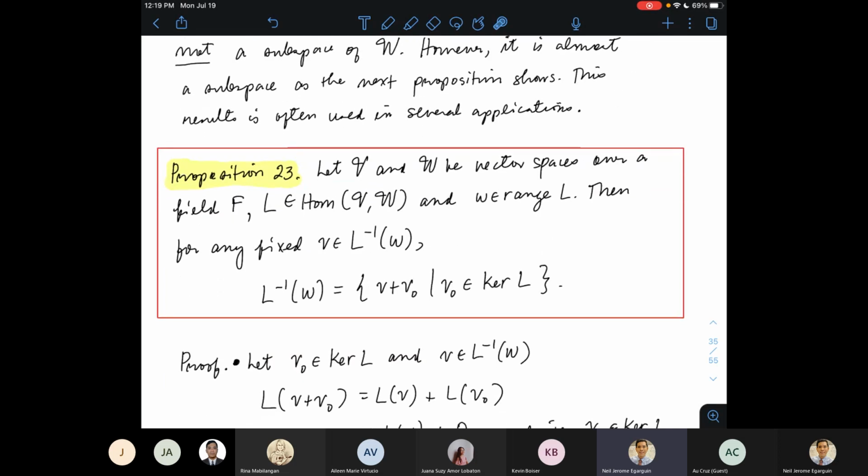So for proposition 23, we are assuming V and W to be vector spaces over a field F. Then we consider a linear map between the two vector spaces, and W to be an element of the range.